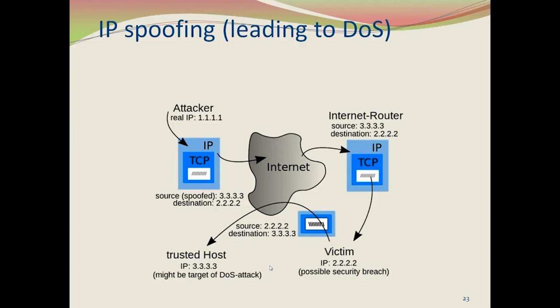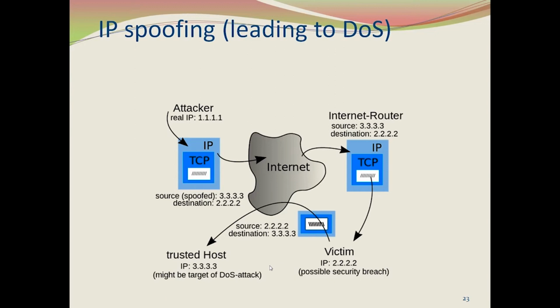So, in this way IP address spoofing may happen. Okay. So, you have your real attacker whose IP is something. It assumes the IP of 3.3.3.3, that is the spoofed IP address. After all, the destination is 2.2.2.2.